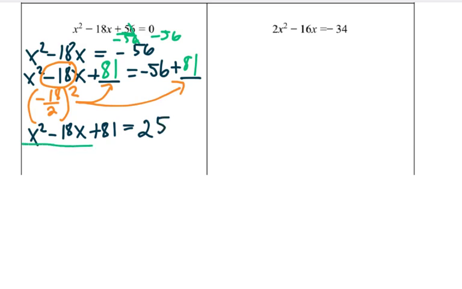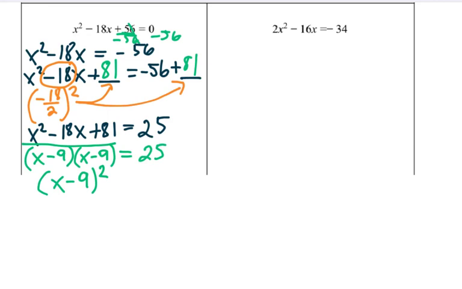Now look, this side can be factored. Factors of 81 that add up to negative 18 are negative 9 and negative 9. X minus 9 twice is just x minus 9 to the power of 2 is equal to 25.